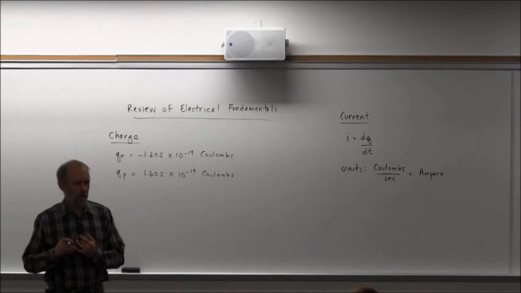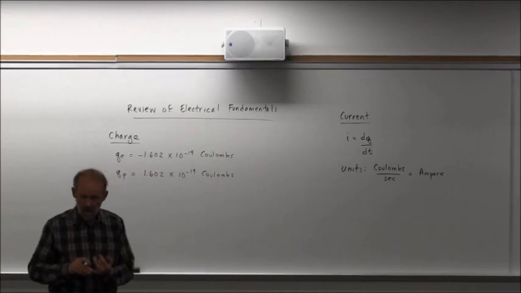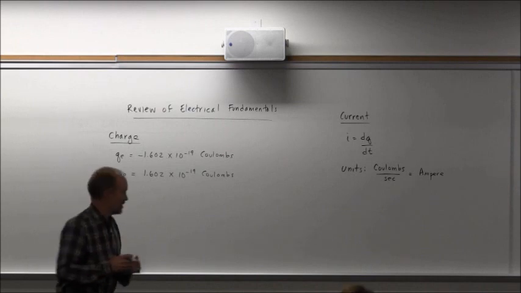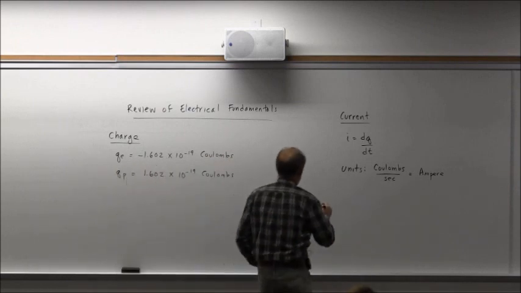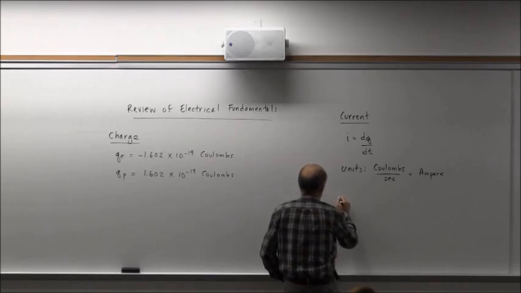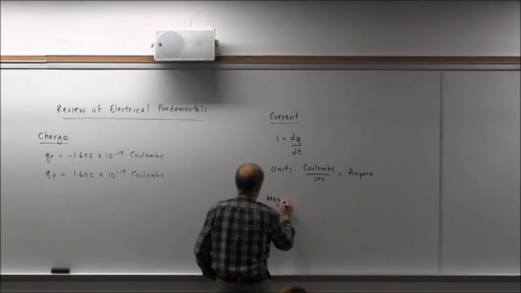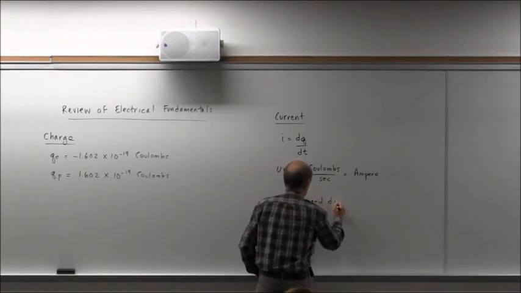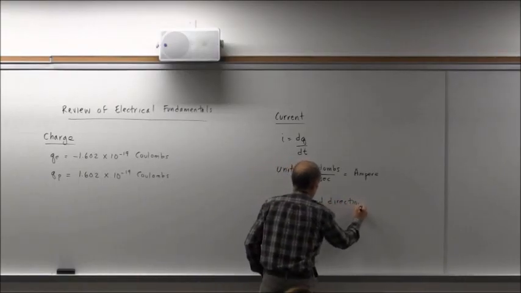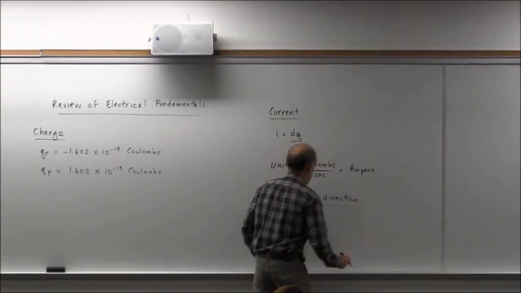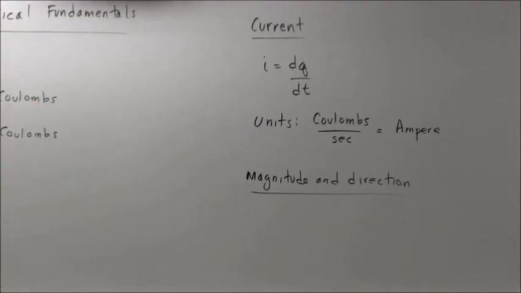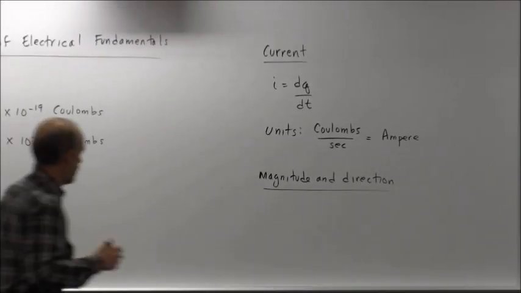That means if we're going to designate a current, to correctly and completely describe it, we have to indicate a magnitude and a direction. In other words, you can't give one without the other to fully and completely define that current.